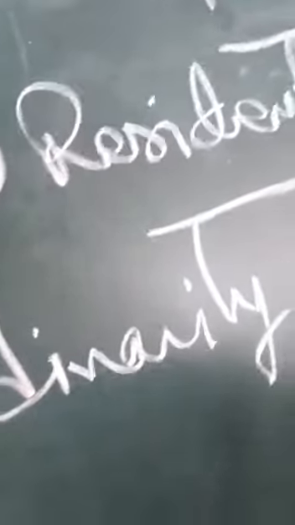Or you can write whether he or she is ordinarily resident in India. That means step number 1 was you have to test whether he is resident or not. And step number 2, if he is resident in India, then find out he is ordinary resident in India or not. Then one more line you can write here.